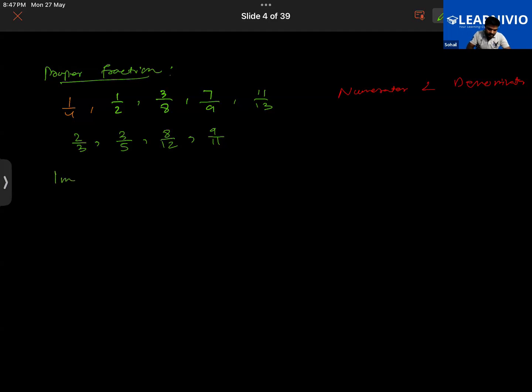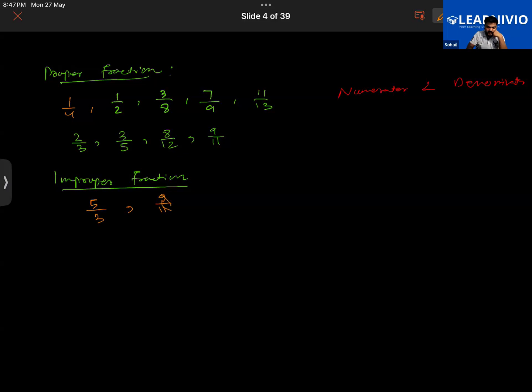Then what about improper fractions? Explain it. If the denominator is less than the numerator, that means it's an improper fraction. Exactly. So give some examples. 5 upon 3. Very good. 9 upon 11, is that an improper fraction?